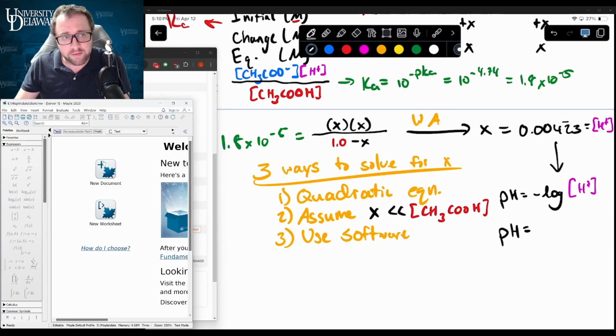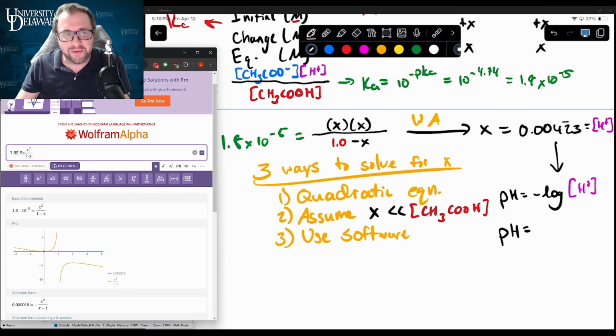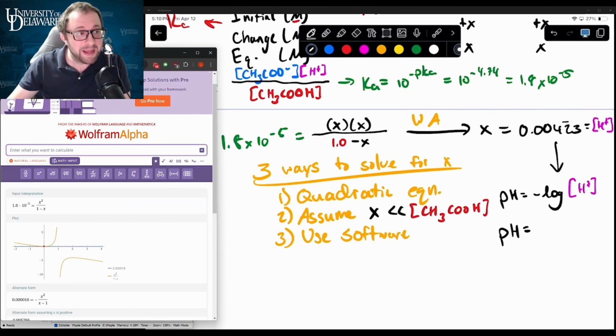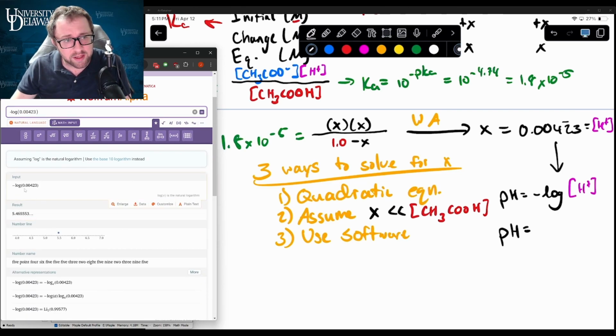This is where we're going to use our buddy Maple here. Oh, no, we're not going to use Maple here. The one issue I have is that if you type log into Maple, it will treat it as a natural log unless you specify base 10. Let's do the negative log of 0.0423. And let's hope that that works. That doesn't look good either.